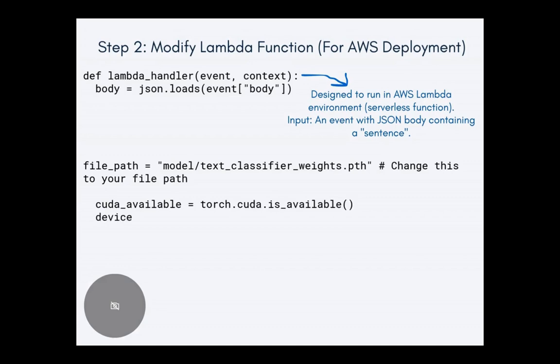You can also pass an image if you are working with a computer vision model. So you mention the path of your weights path. Then because it's a Lambda function, we are not using GPU here, so we'll just set the torch device to be CPU.